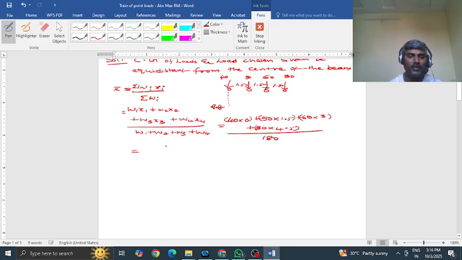So this is 2.167 meters. The CG of all these loads is at a distance of 2.167 meters from the 40 kilonewton load.